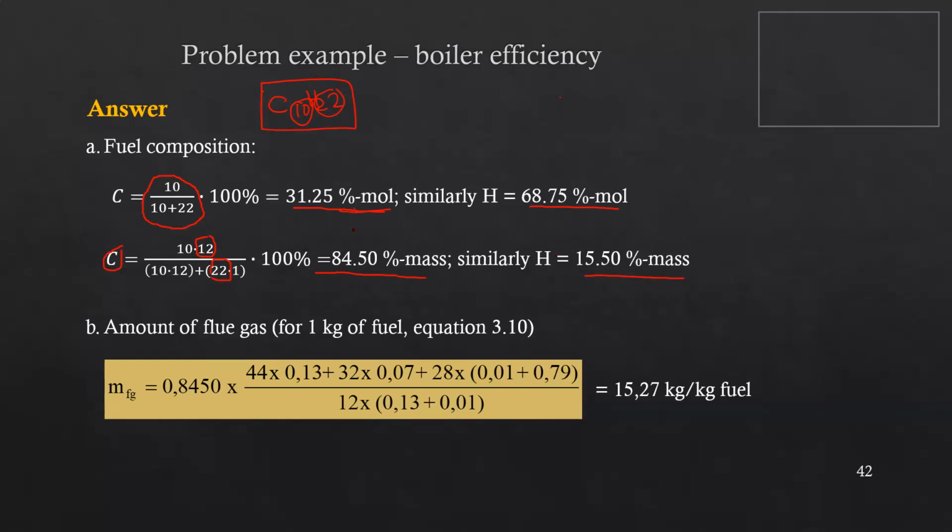Okay, so the second step of solving these problems is we have to calculate the amount of the flue gas. We assume the basis for 1 kilogram of fuel, so we use equation 3.10.